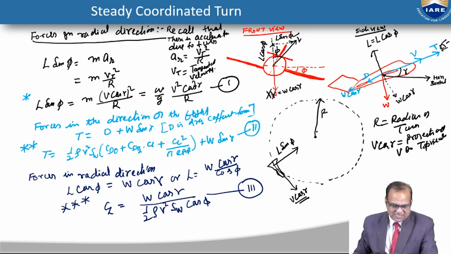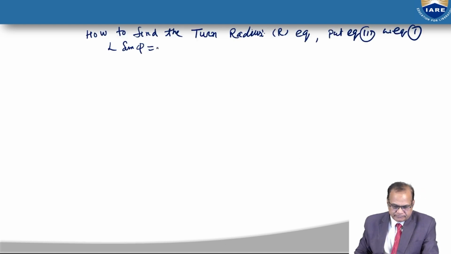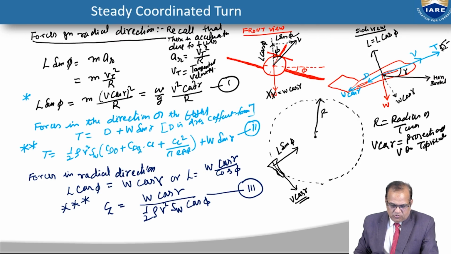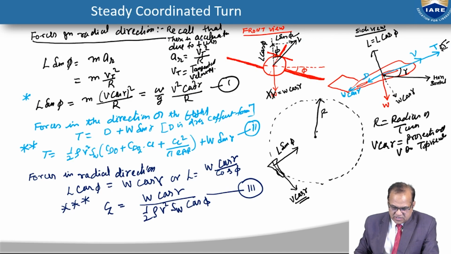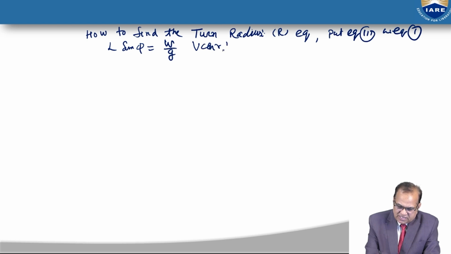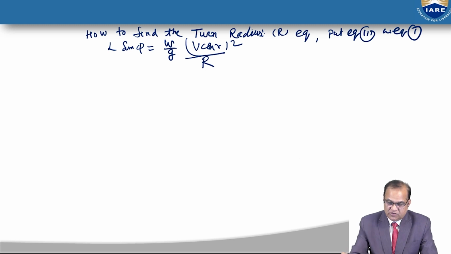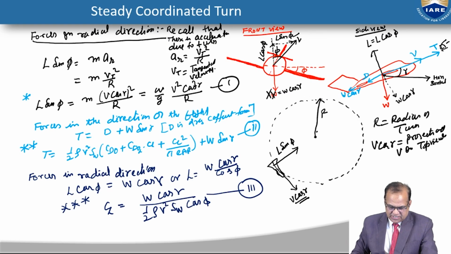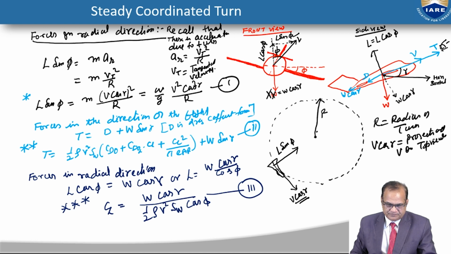Equation number 1 is L sin phi is equal to W by G, V cos gamma square by R. V cos gamma square by R. So here we have the R. So from equation number 3, we can put this value in equation number 1.